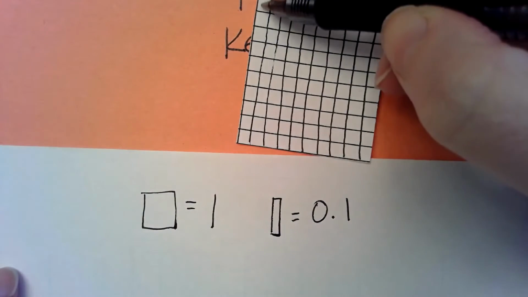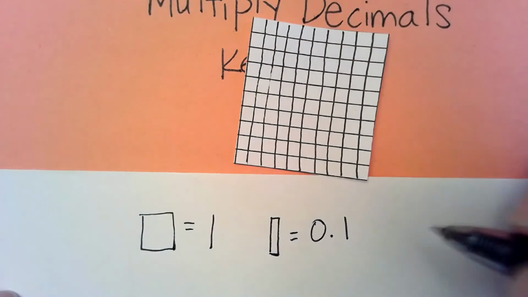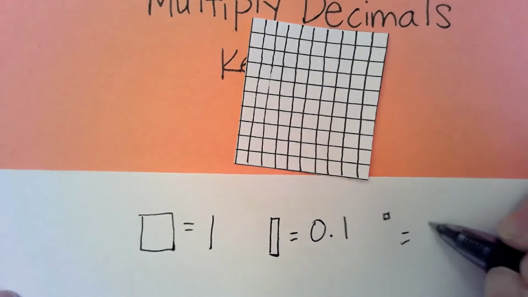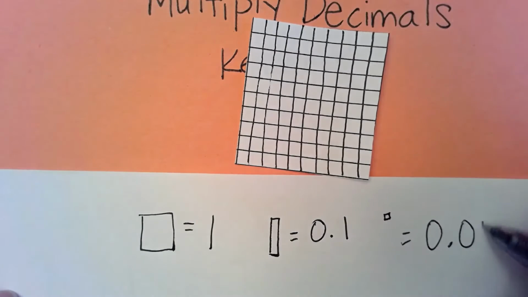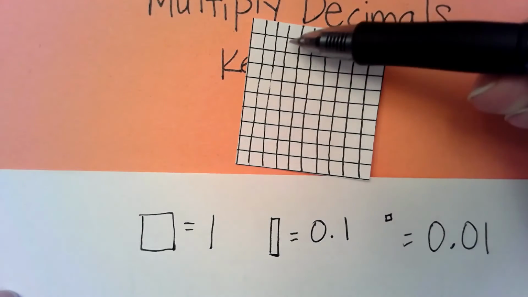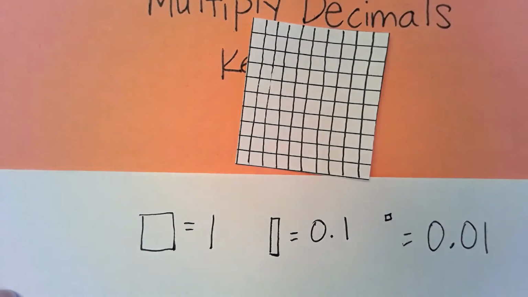If I were instead to color in just one of these little bitty squares, we can call that a baby. That would be like 1/100, because that would be one of the 100th little bitty squares that make up this entire block.